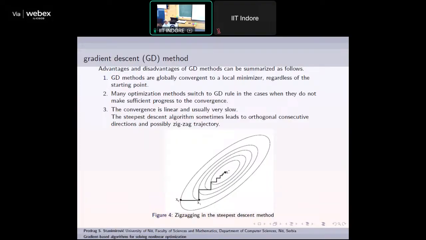This phenomenon is called zigzagging. Here is one example. Zigzagging. We always trace minus gradient strictly, and go zigzag, orthogonally to level lines.